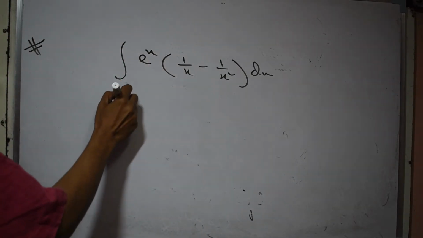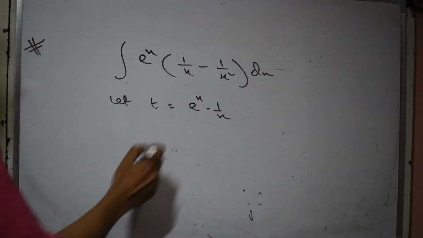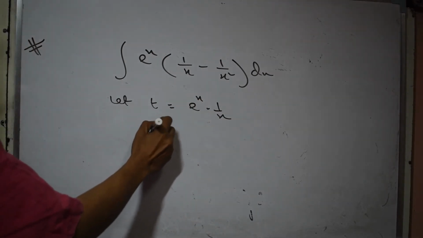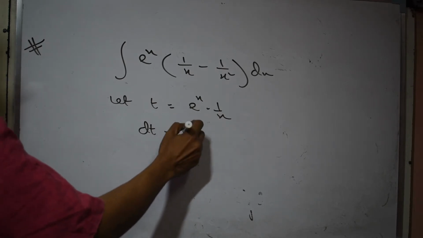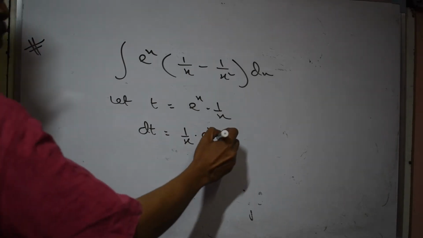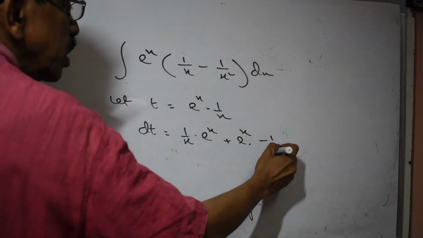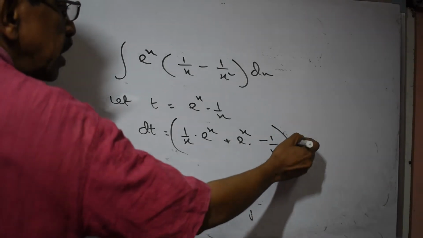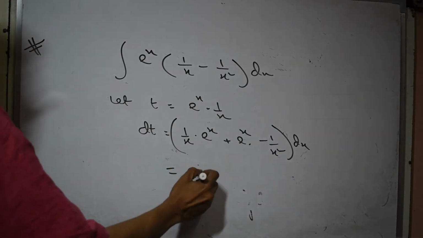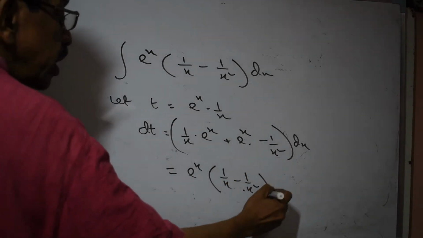That means if I take t is equal to e to the power x into 1 by x, now we differentiate dt. By the product rule, 1 by x is as it is, e to the power x derivative is e to the power x, plus e to the power x is left, 1 by x derivative is minus 1 by x square, the whole thing multiplied with dx. Now we take e to the power x common to get 1 by x minus 1 by x square dx.